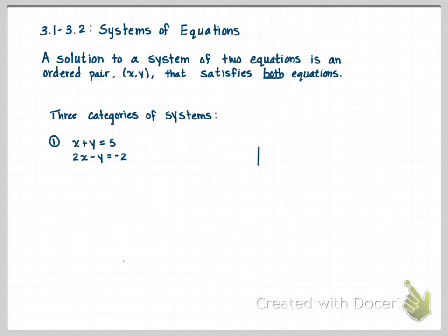So we'll go ahead and graph each of these lines separately. When you're solving systems by graphing, you're just graphing X plus Y equals 5 and then separately graphing 2X minus Y equals -2.